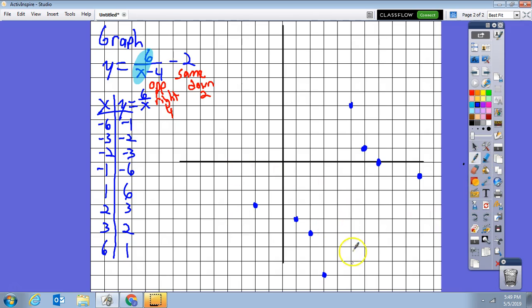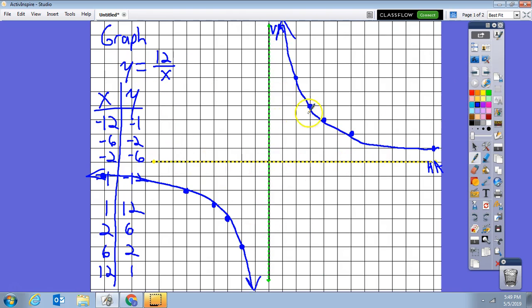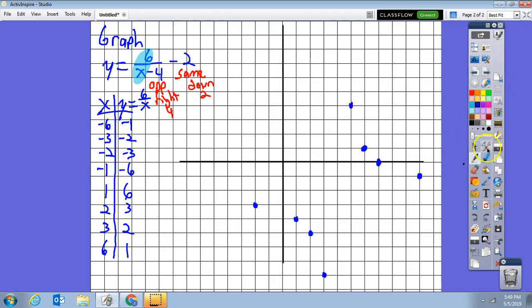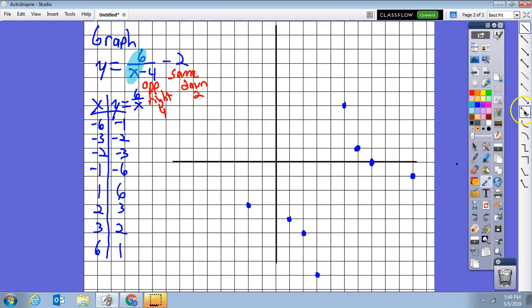But notice that kind of changes where our graph used to be, where we had our asymptotes really nice on the x-axis and the y-axis. Now we've got to take them and move our asymptotes. If we move right 4, then there is going to be a vertical asymptote at positive 4 this time, instead of on the axis, because you cannot plug in 4 on the bottom of that fraction.